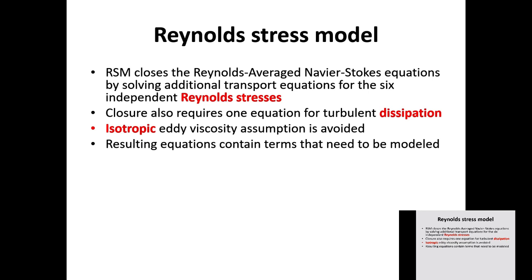To have a solution, the number of variables should be equal to the number of equations. If there's a mismatch, you need to make an assumption. When you make an assumption, you call it a closure. So you close the set of equations by making an assumption. Okay.